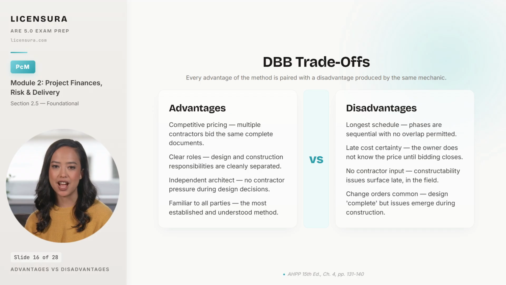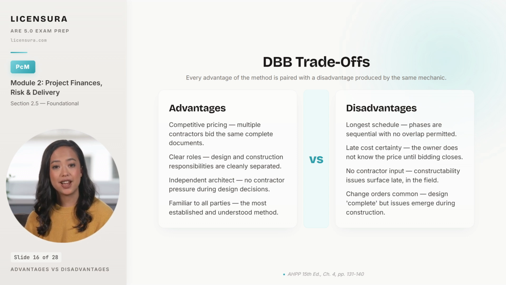The phases cannot overlap. Clear roles between design and construction make responsibility easy to assign, and the same separation means the architect doesn't get cost certainty for the owner until bidding closes, well after design fees have been committed.